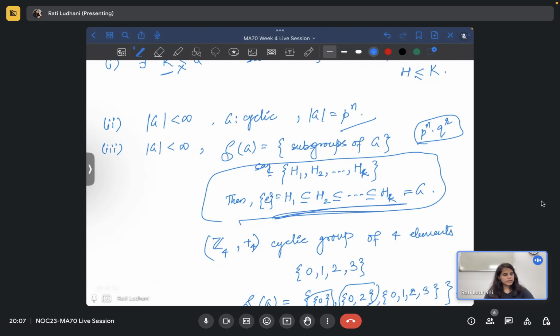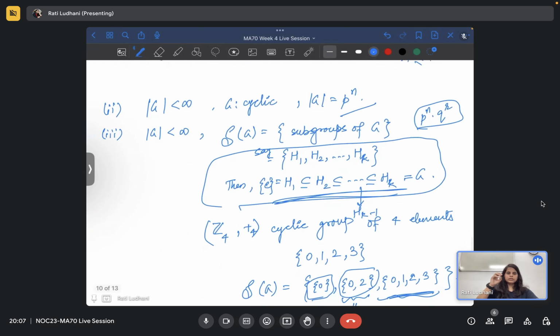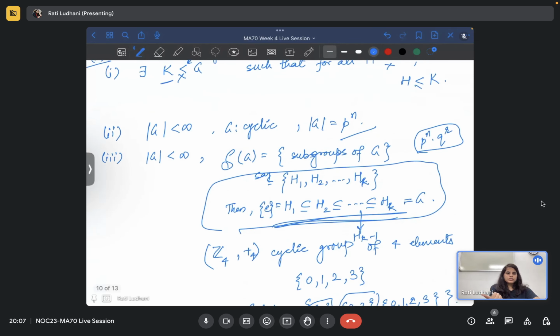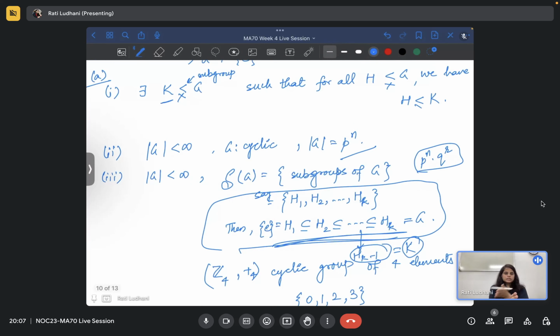So H_{k-1} I can pick, and now you know that this is a proper subgroup because we have not taken G. So H_{k-1}, let's take this to be our K for the first part, and then you know that all the proper subgroups of G are subgroups of K, and we are done.